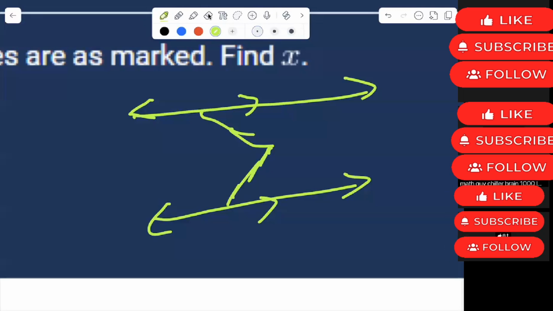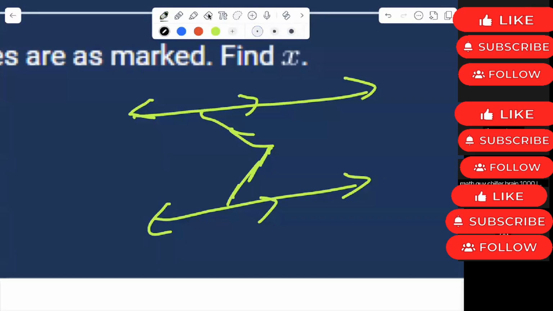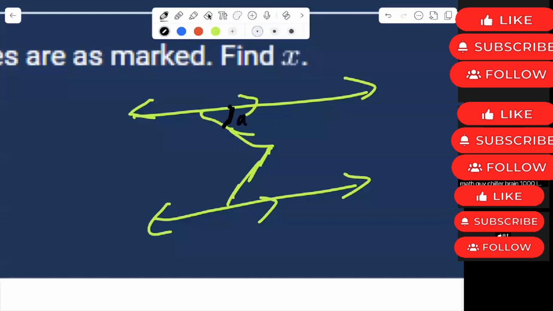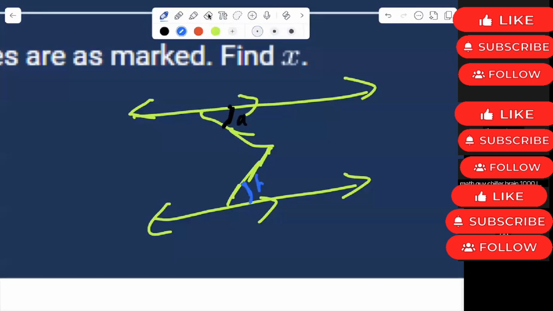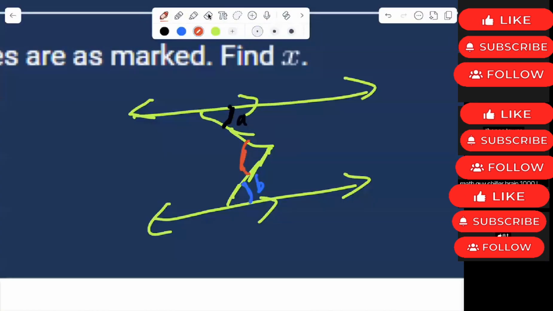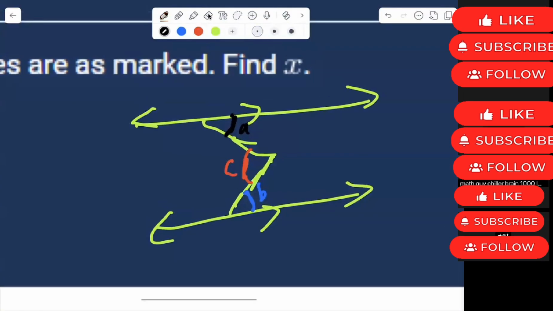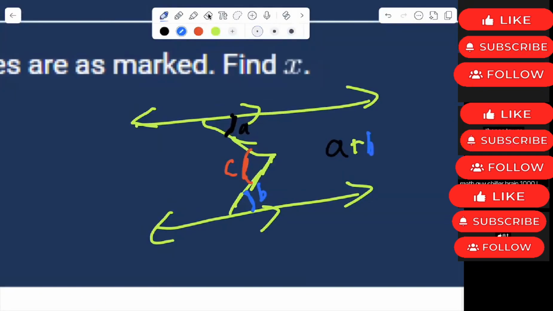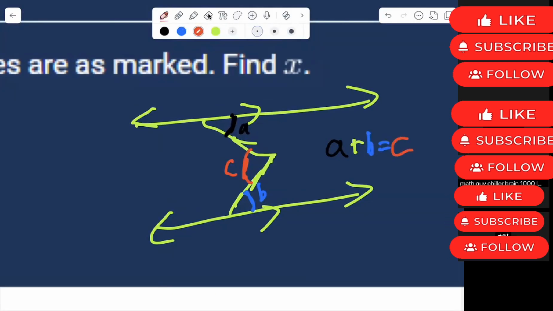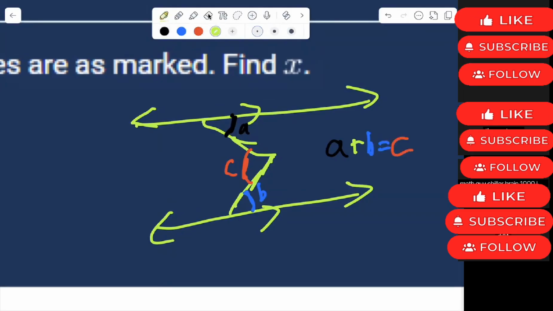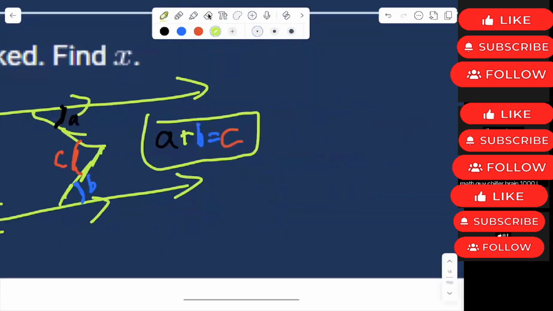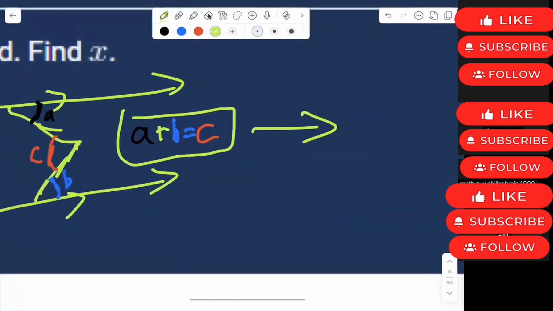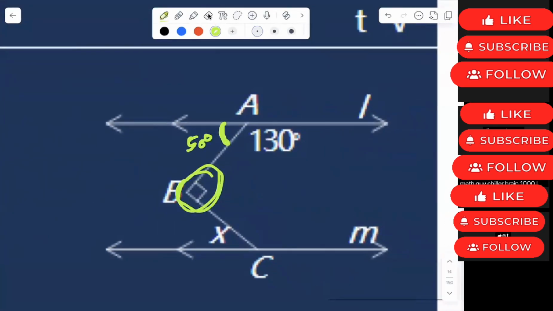We proved that, say, this angle A and this angle B, we proved that A plus B is equal to C. This will hold true. Now we can apply this formula to this example. All right? We'll apply this formula to this example.